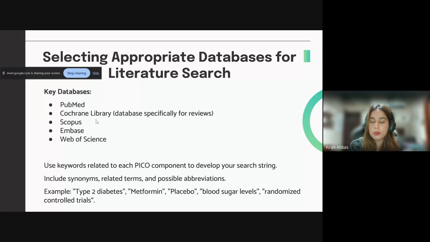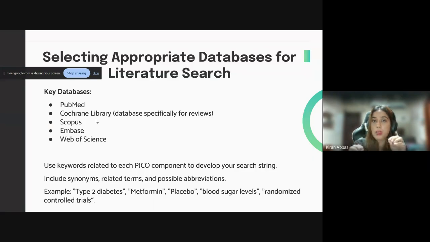Boolean operators actually help you narrow down certain concepts in your search string, and they help you to broaden your search string. So when you're using different terms that mean the same thing, you will use the word OR.